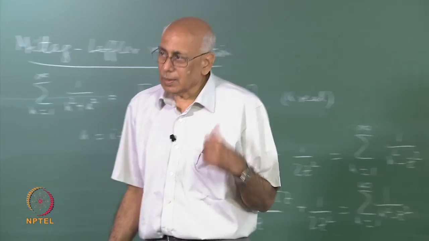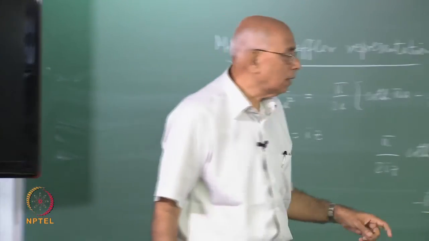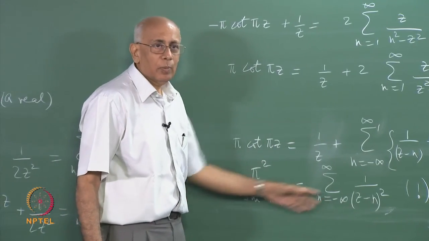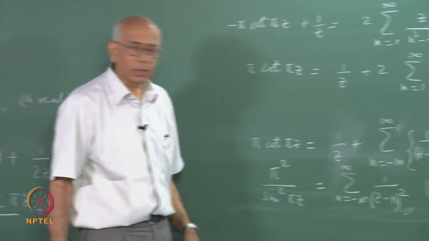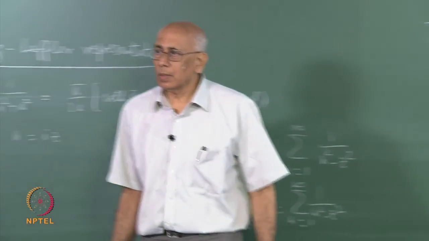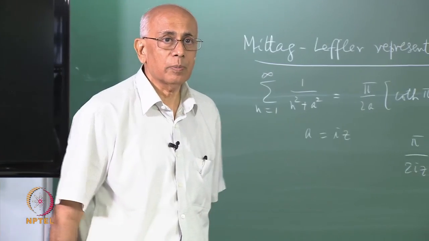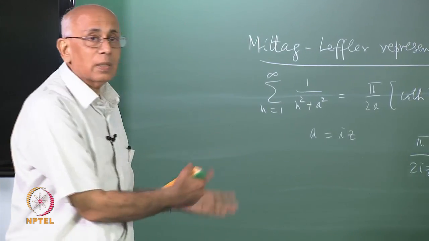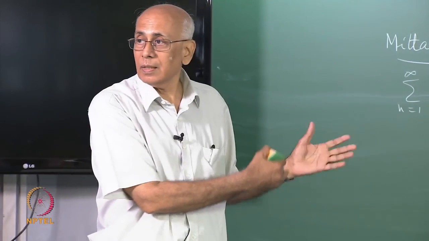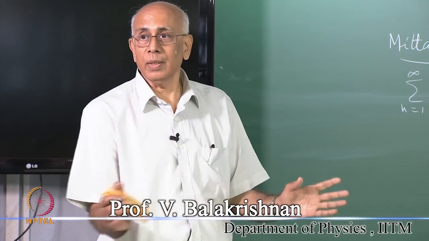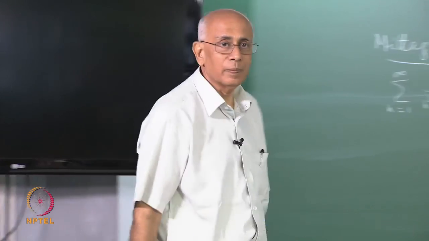So this series here is the starting point for a large number of other developments, but you can see how complex variables enables you to get hold of such powerful representations. Here is something which is trigonometric on the left hand side, a transcendental function, right hand side is just a sum of rational functions, and the two are exactly equal to each other.